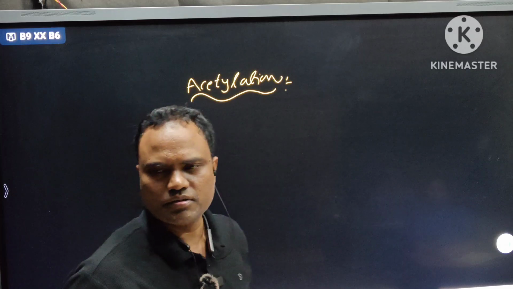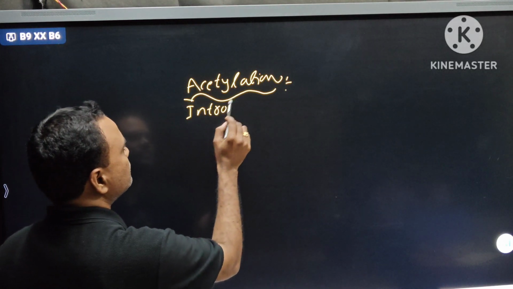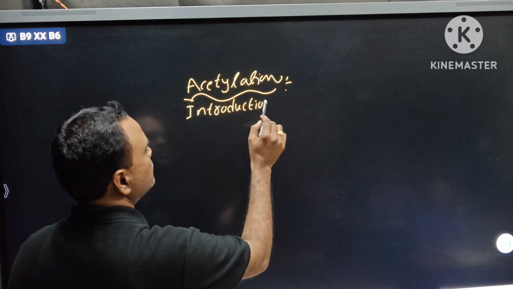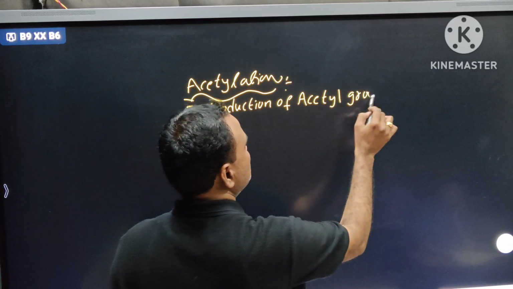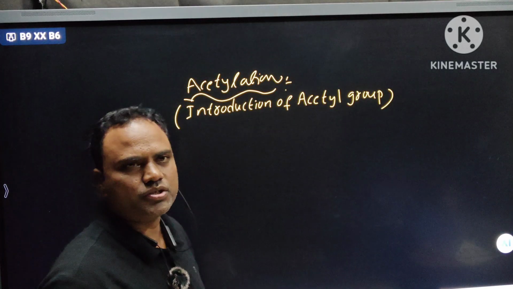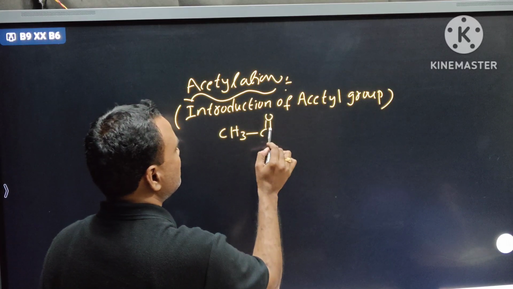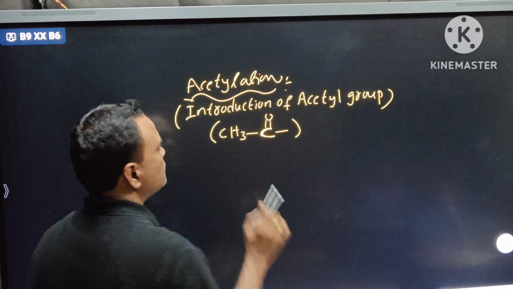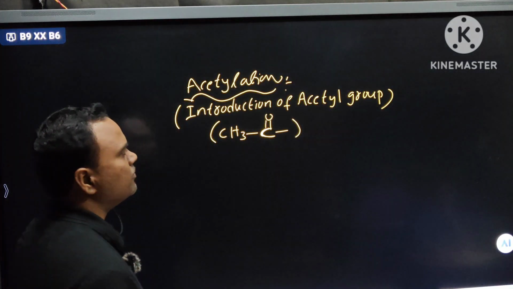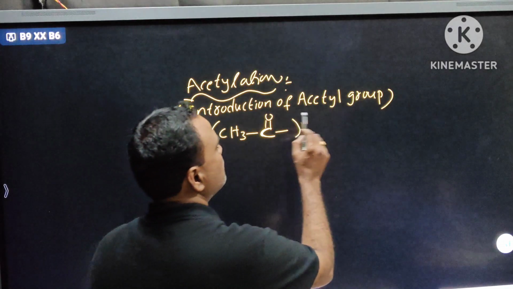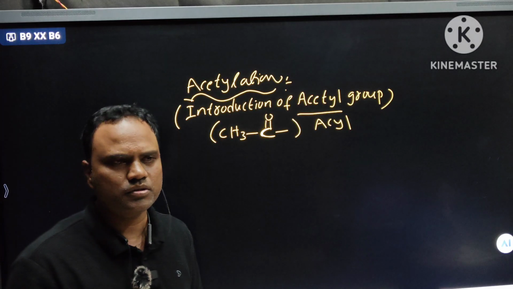We did it in aniline. Introduction of acetyl group is called acetylation. What is the acetyl group? CH3C double bond O. This group is the acetyl group. Also called acyl, acylation, acetylation. All are the same, right?